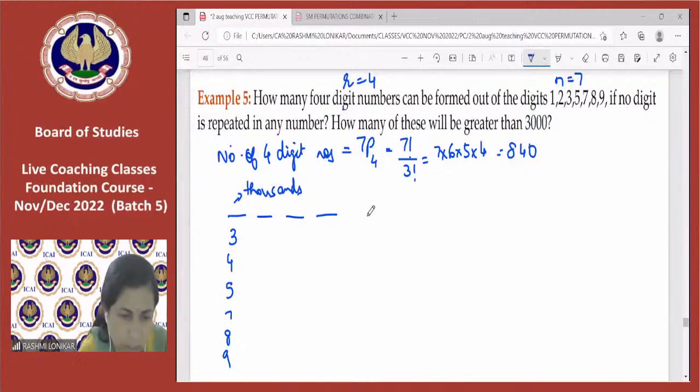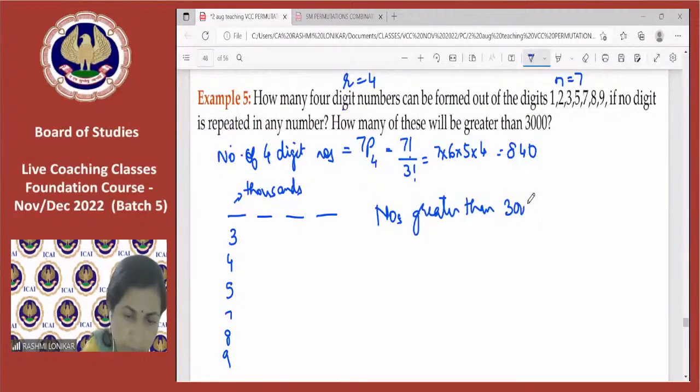So numbers greater than 3000 is equal to, how many options do you have? 1, 2, 3, 5, 7, 8, 9. 4 is not there. 3, 5, 7, 8, 9.